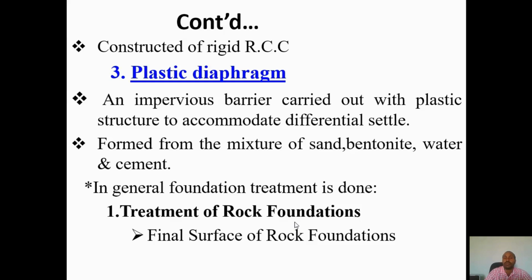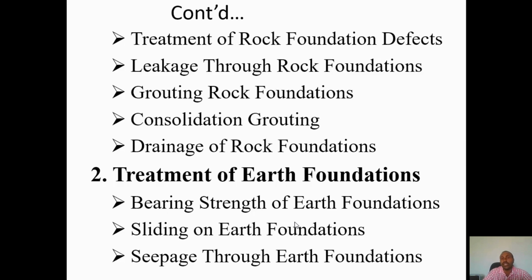So in conclusion, foundation treatment is done either for treatment of rock foundation or treatment of earth foundation. In either case, because flow is going under this. Treatment of rock foundation includes, for example, finishing the surface of rock foundation and treatment of rock foundation defects. If you have a defective rock foundation, then you have to treat it.